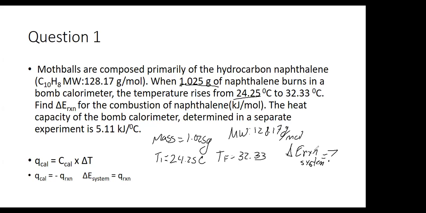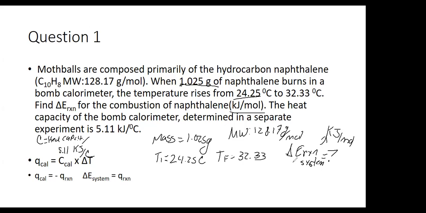When I say reaction, that also means system. So what is that? In units of kilojoules per mole, because I wanted to solve in kilojoules per mole. And the heat capacity, remember C or C_s equals heat capacity of the bomb is 5.11 kilojoules per change in Celsius. All right, so those are all of our important variables that I just pulled out, right?